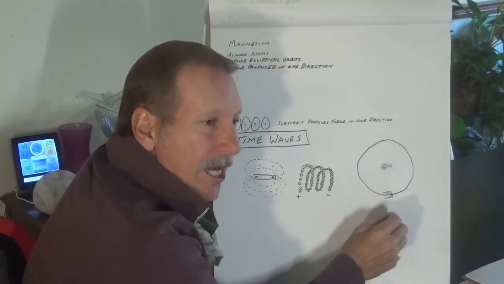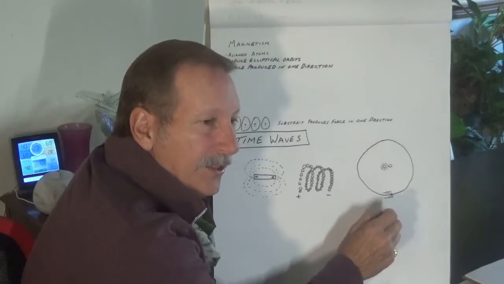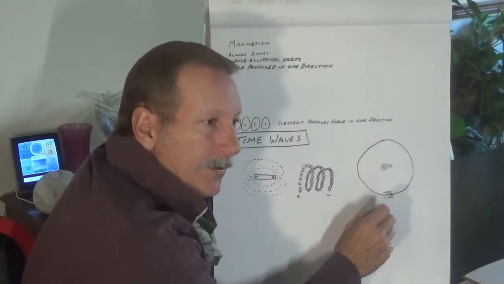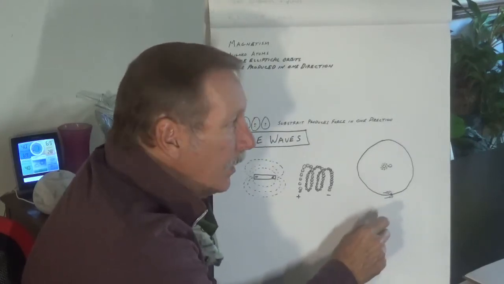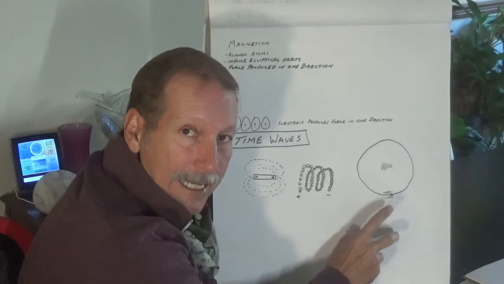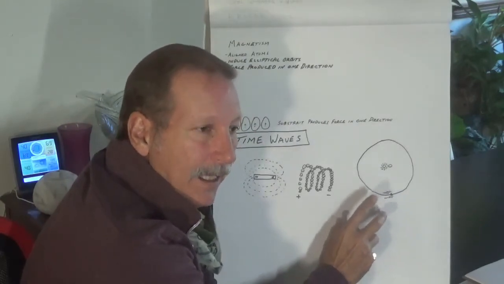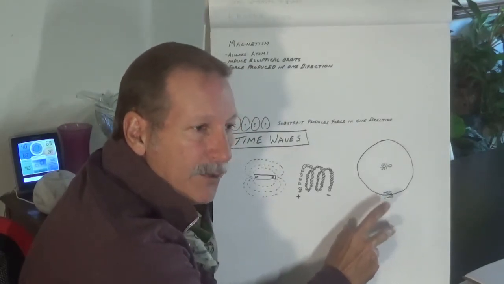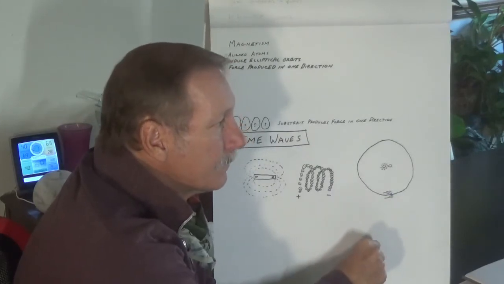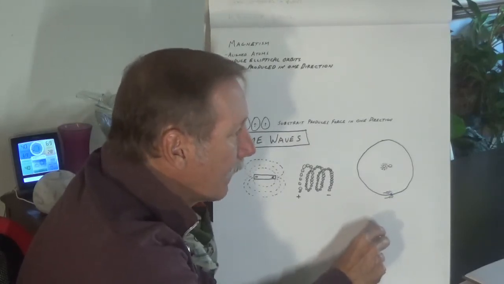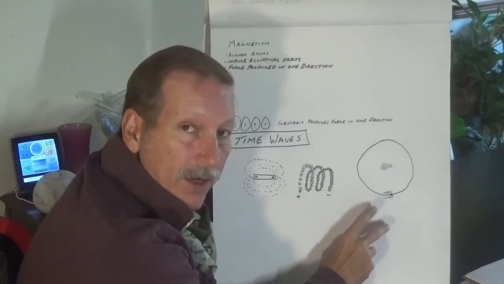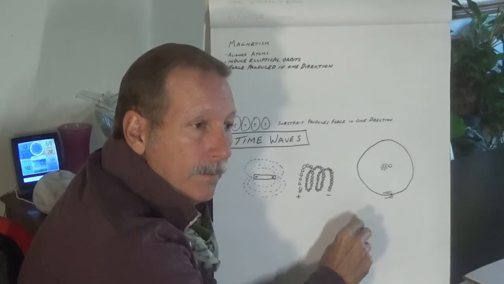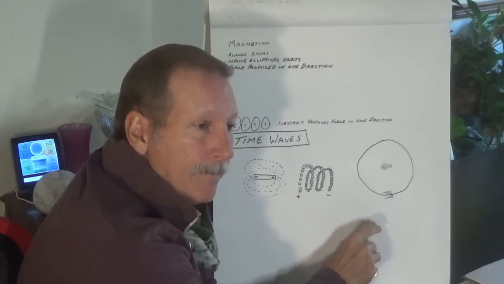Well, that change in speed for a split second releases a time wave, which is a photon. So that photon is being released by the electron going in and out of time speed. So the electron is emitting a photon when it goes to light speed.